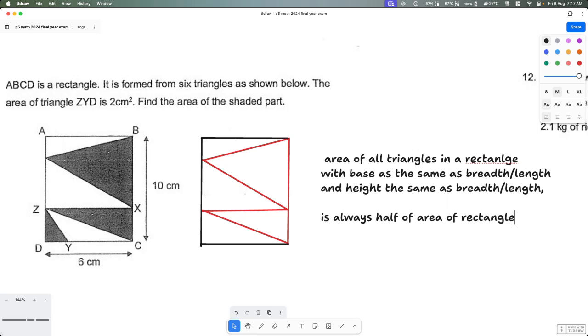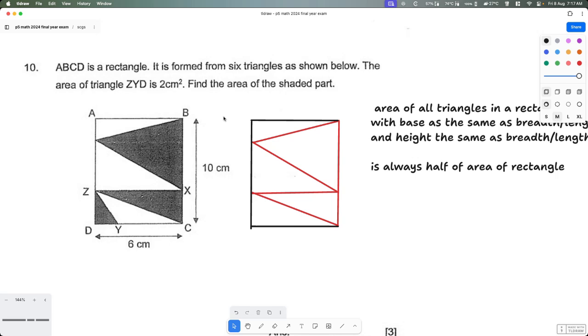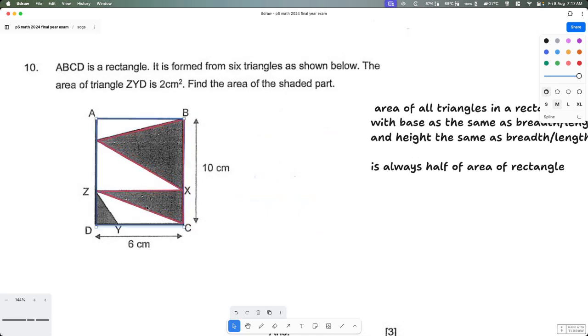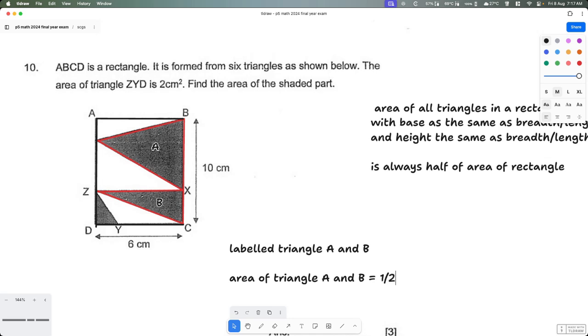So this means that if you want to get these two triangles, I'm going to write down, labeled triangle A and B. So area of triangle A and B is equal to half times 6 times 10.